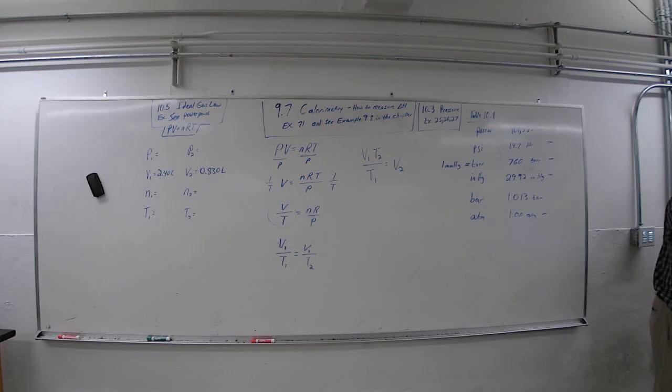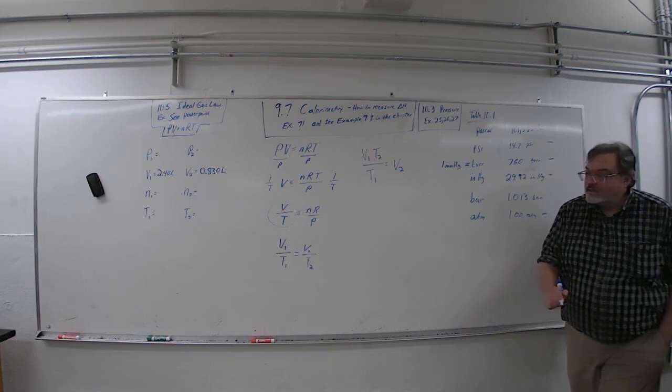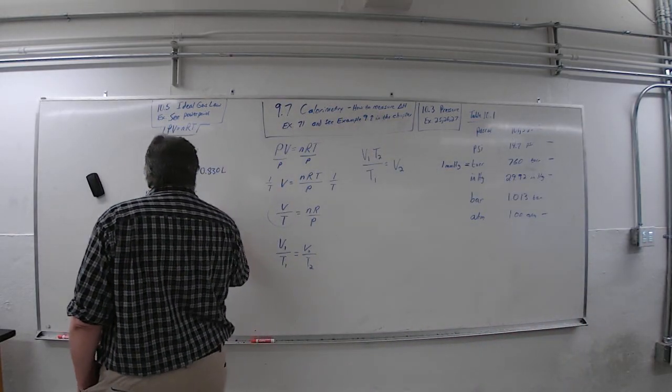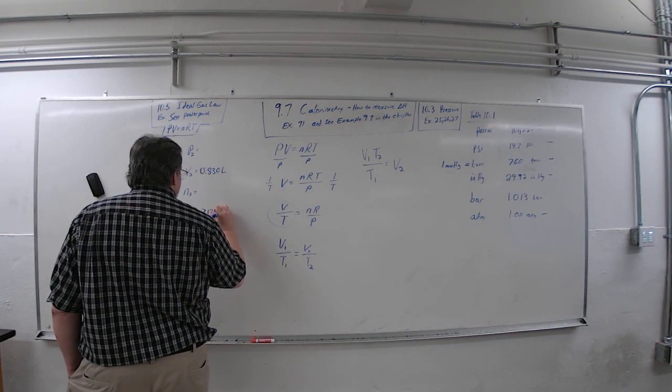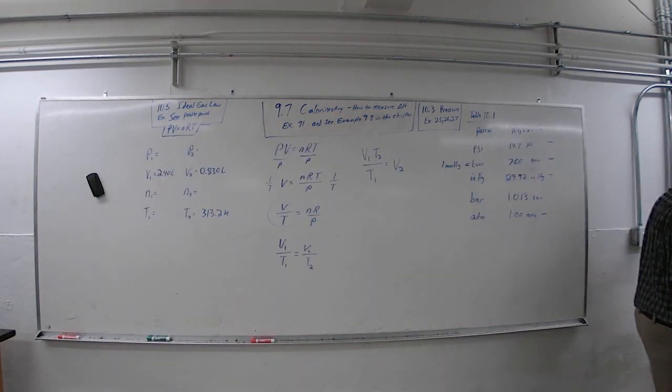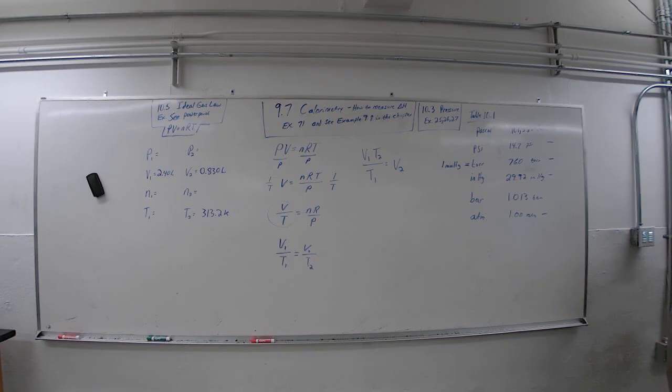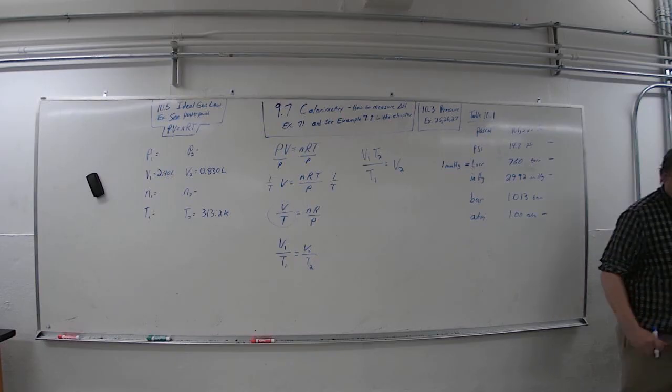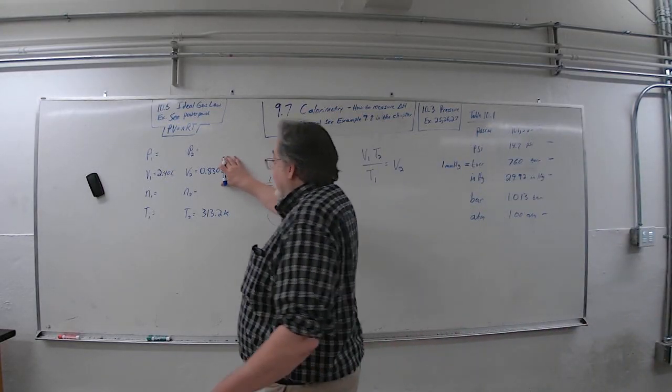Final temperature is set at 40 degrees C, and you see my conversion there. It's 313.2. That's the final temperature. Assuming constant pressure, calculate the initial, but I didn't have to say that. It's not mentioned. You just assume. So this is the info we've got.